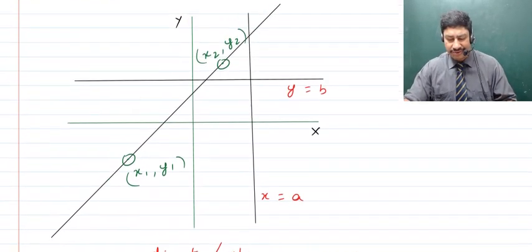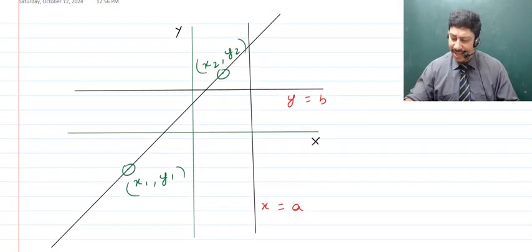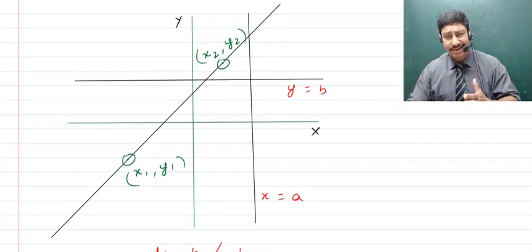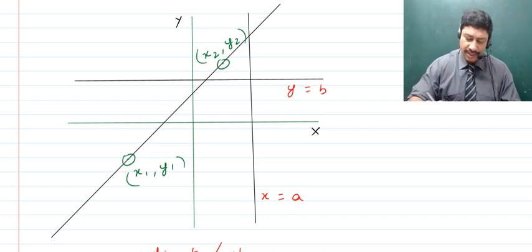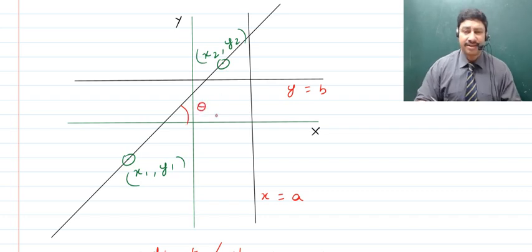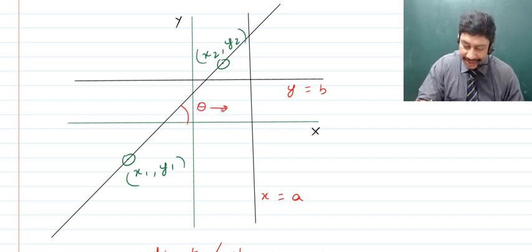Now remember here, children, this line is one which obviously will be inclined with the positive direction of the x-axis at a specific angle. So normally what we do is we call this angle theta, and this actually is the inclination of the line.